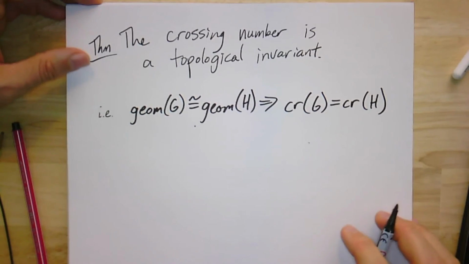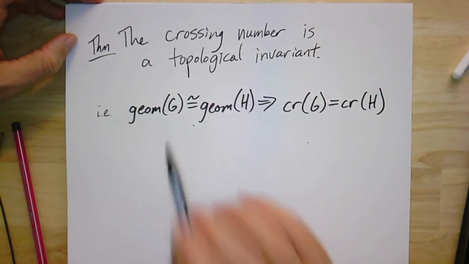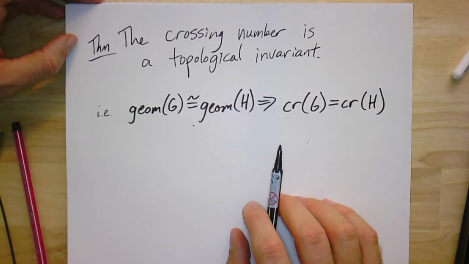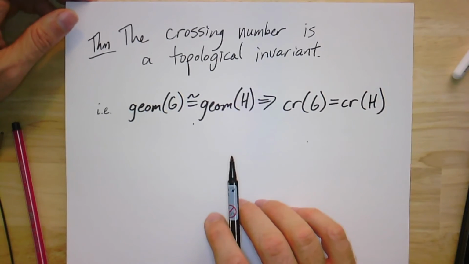Okay, I'm not going to do this out in the video. It almost works exactly like the proof we did for subgraphs, except you do have to be slightly more careful.